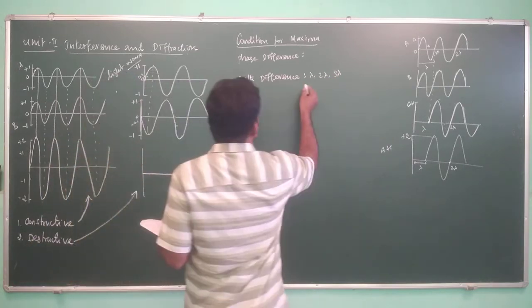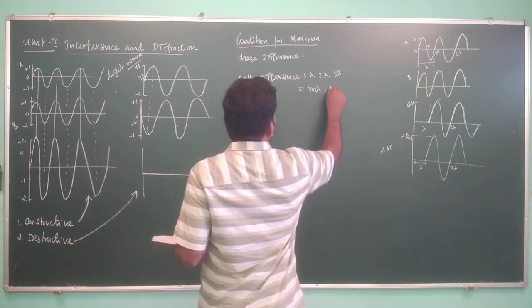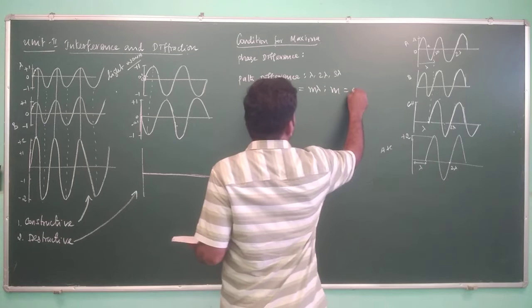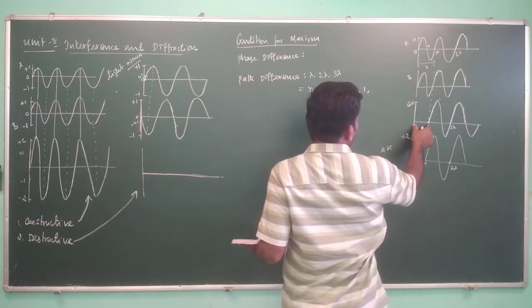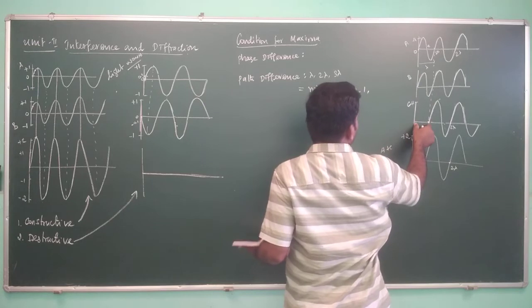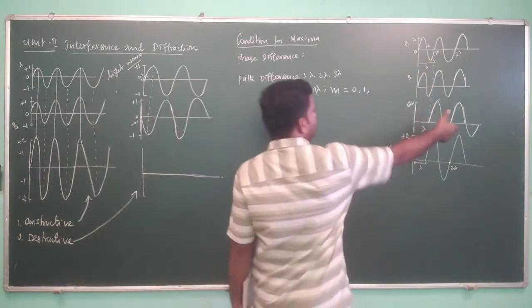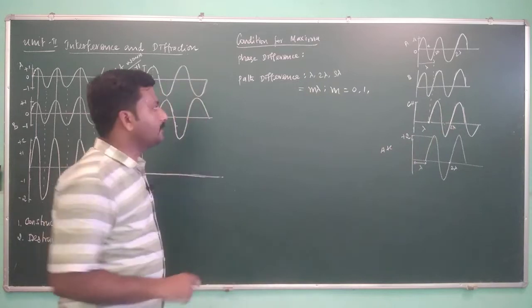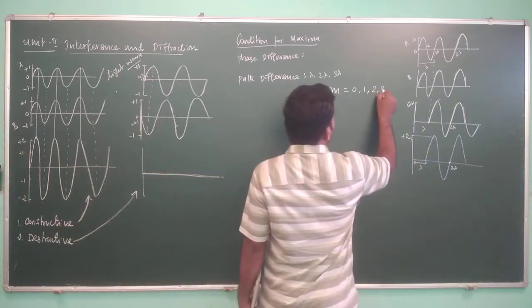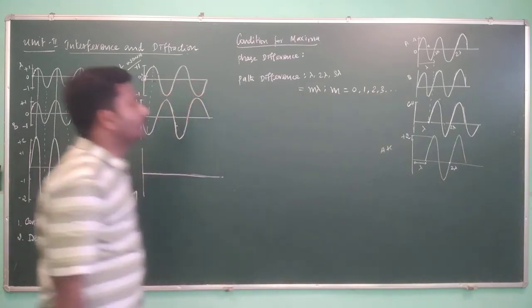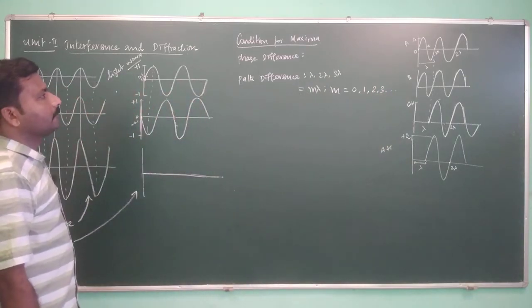In general, you can write that the path difference is m lambda, where m equals 0, which means both are in phase, or 1, the second wave starting at a difference of wavelength lambda, or if it starts after 2 lambda, 3, and so on. In all these cases we get constructive interference. Fine. What about phase?